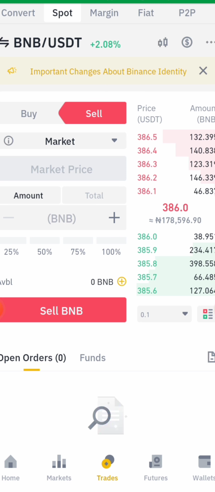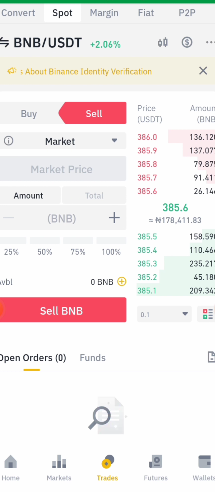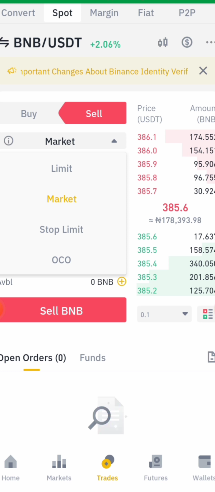And as it sells, if you're trading with a BTC pair, whatever money you're going to realize from that sell will go directly into the BTC wallet. If you're trading using a USDT pair, the same thing is going to happen. Your USDT is going to go into your USDT wallet immediately. But with limit order, it does not happen like that. So what happened when we did buying is what is going to happen as you place the order.